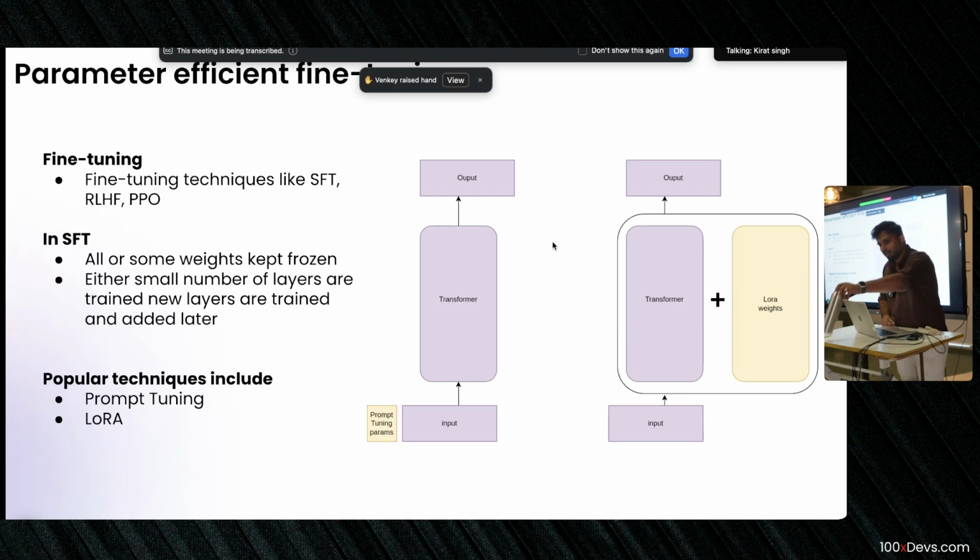Okay. So in SFT we have something called prompt tuning. What you do is you introduce some additional parameters in the input, right? So you have the prompt, you give it the prompt, and in the input you add additional weights. These are randomized weights, right? And then you get the output.